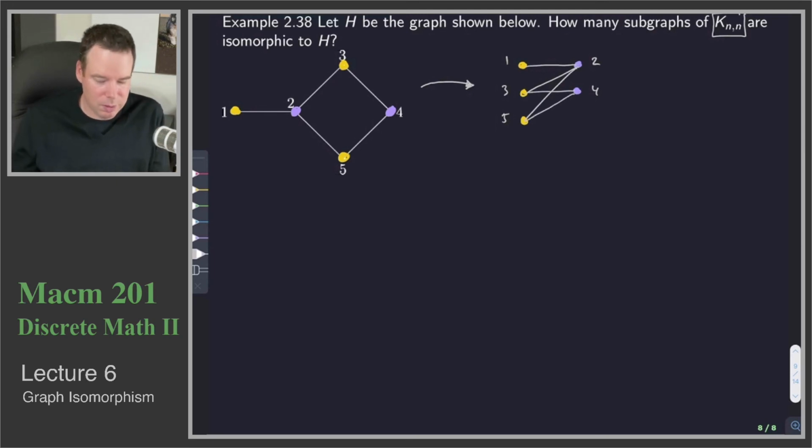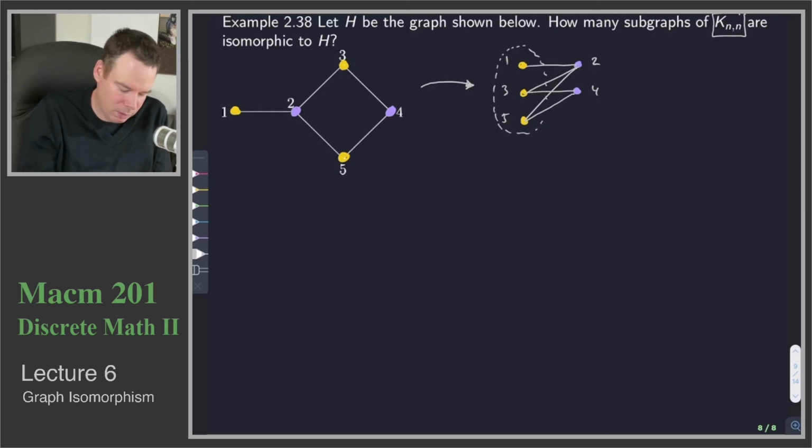So there is the graph that I'm trying to find inside the bipartite graph. And the nice thing about this one is it tells me that there's going to be 3 vertices that live in one half of the bipartition, 2 vertices that live in the other half.